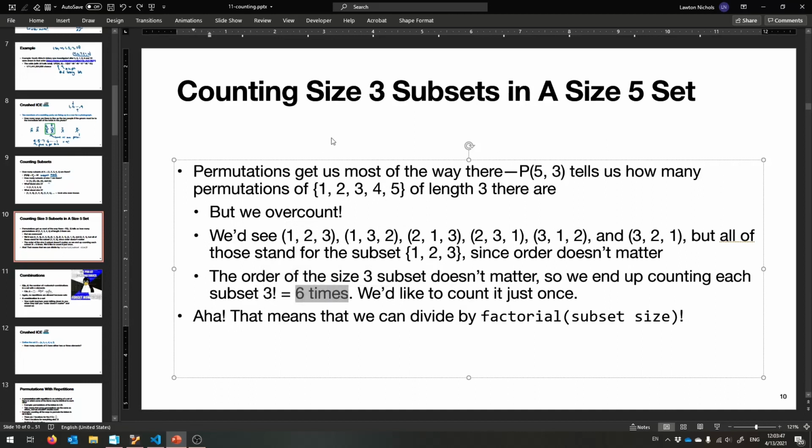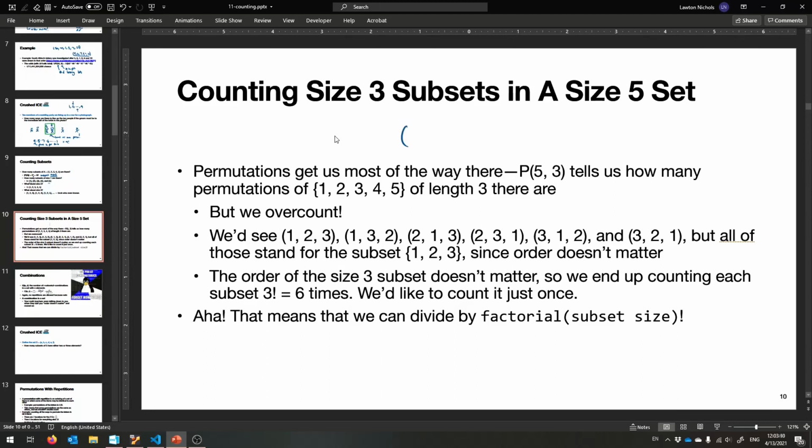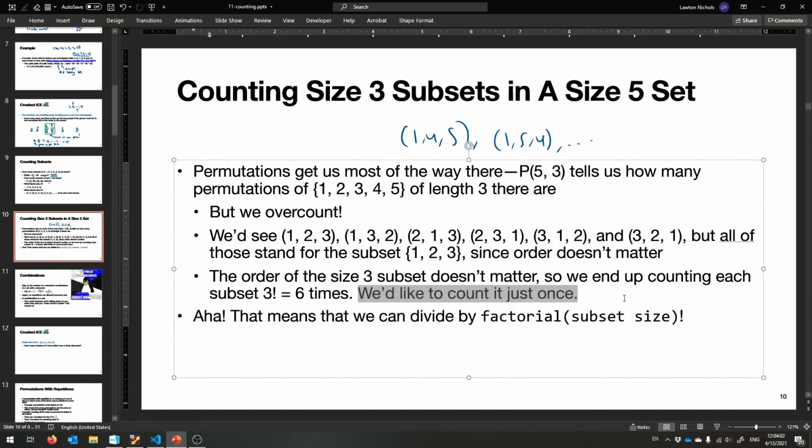Like, there are 6 ways of arranging the subset 1, 4, 5 as well: 1, 4, 5, 1, 5, 4, and so on. So there are 6 ways for everybody. Let's just divide so we don't count everything multiple times. We can take P(5,3) and divide it by the factorial of the subset size, which in our case is 3, and we have the real answer for the number of subsets of size 3.